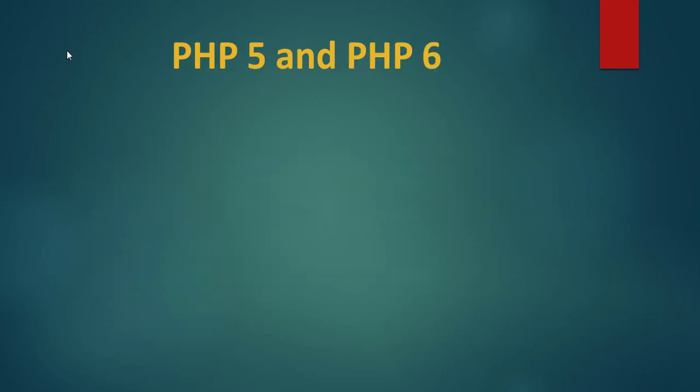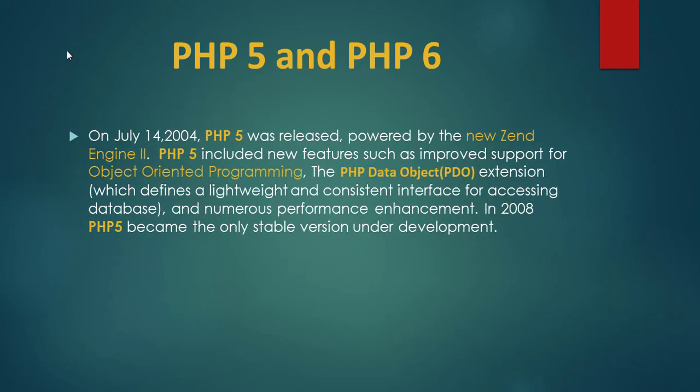PHP 5 and PHP 6. On July 14, 2004, PHP 5 was released, powered by the new Zend Engine 2. PHP 5 included new features such as improved support for object-oriented programming, the PHP Data Objects (PDO) extension, which defines a lightweight and consistent interface for accessing databases, and numerous performance enhancements.